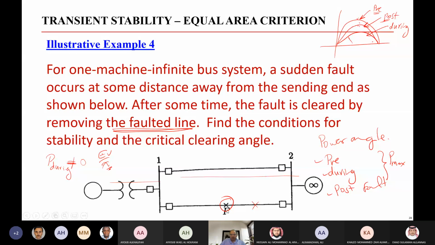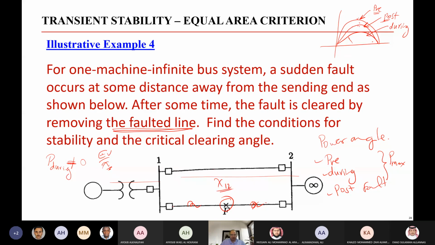Okay, so if the fault occurs here, can we calculate the during-fault transfer power or P max during the fault? Yes, we can. As we discussed earlier, we have here an impedance. The point is you need to calculate X1, the transfer reactance.